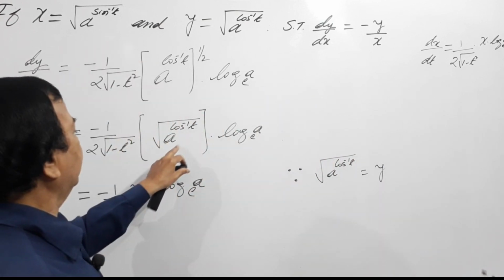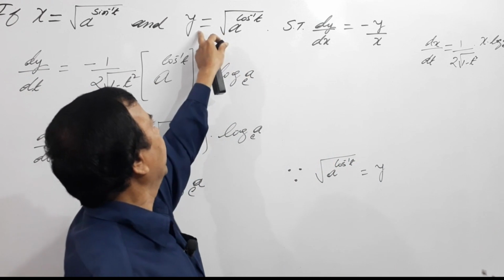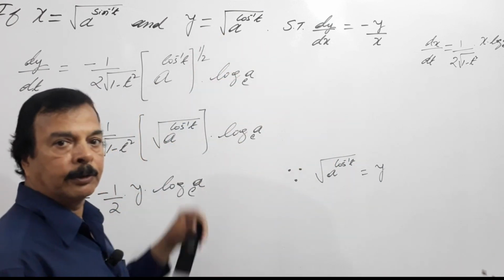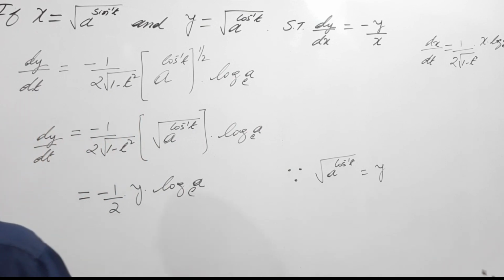See this, a to the power of cos inverse t is nothing but y equals a to the power of cos inverse t. So I have substituted that. So this is our dy by dt.